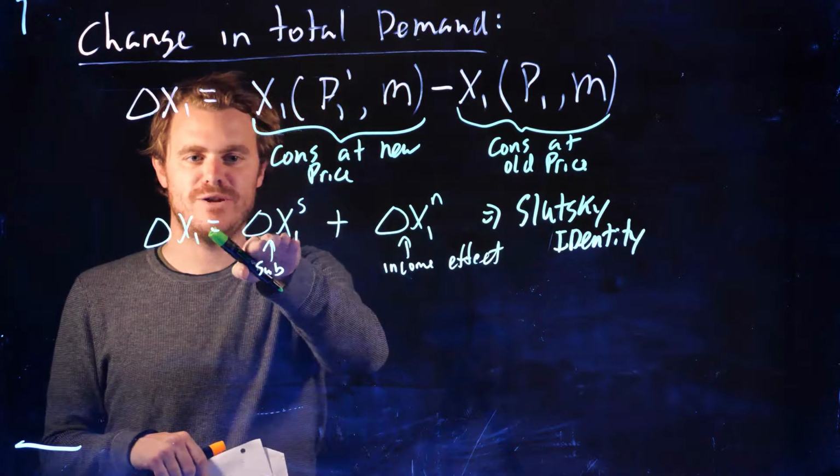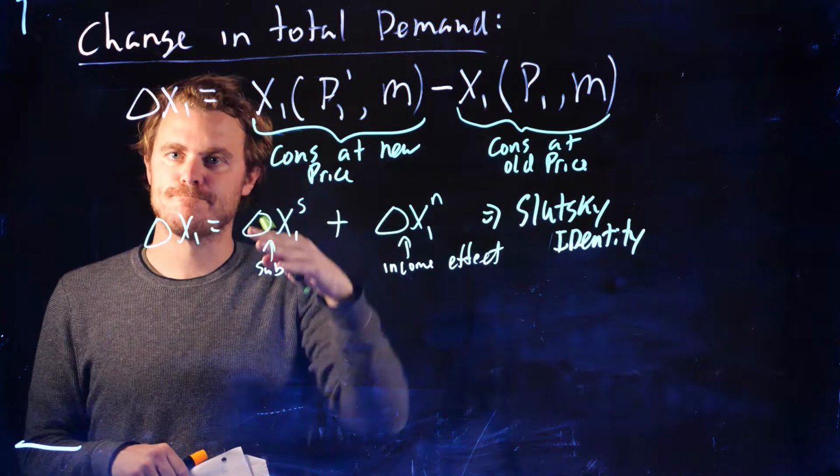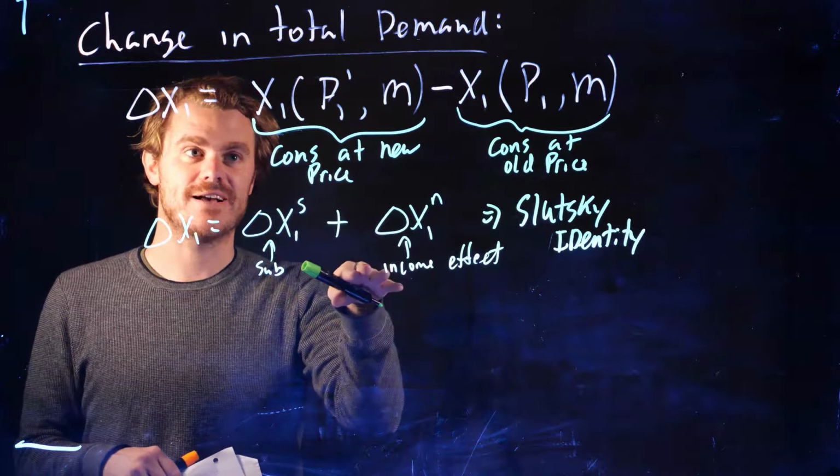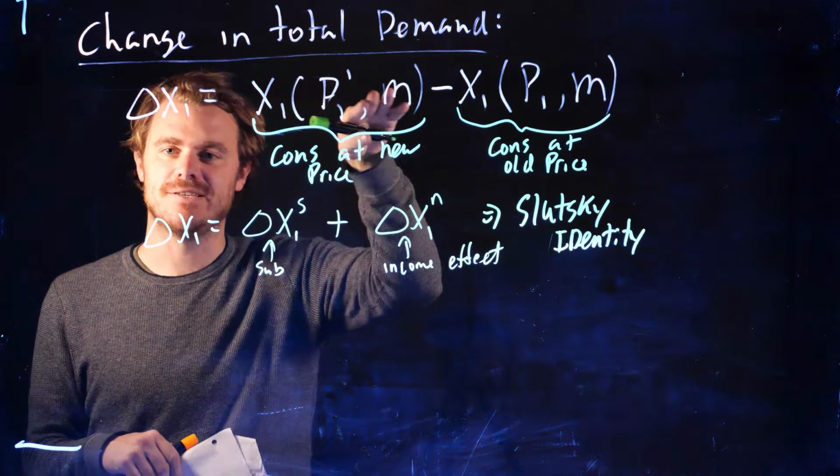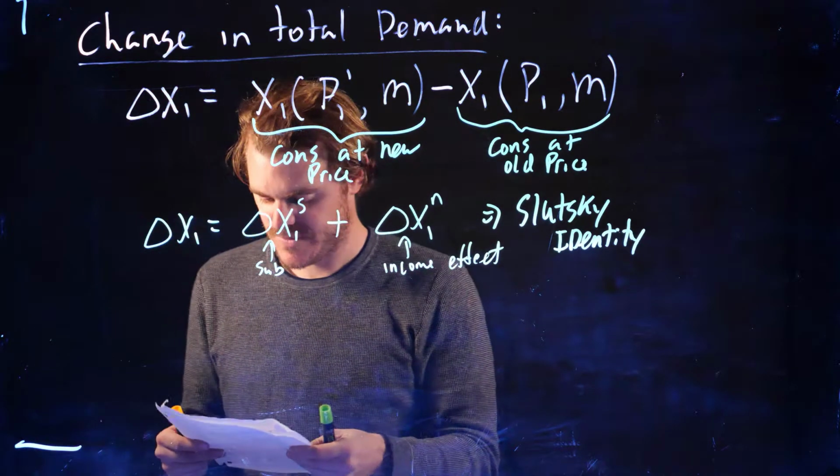And if we put in our mathematical expressions for each of these two effects, you're going to see that it's exactly the same as this. So let's write them out.